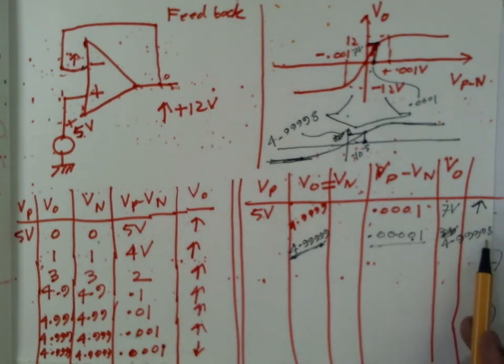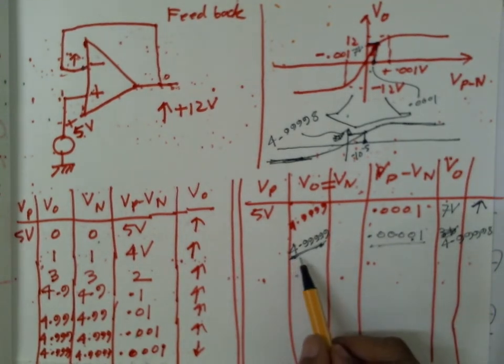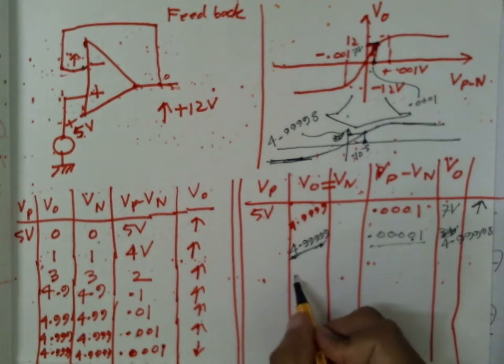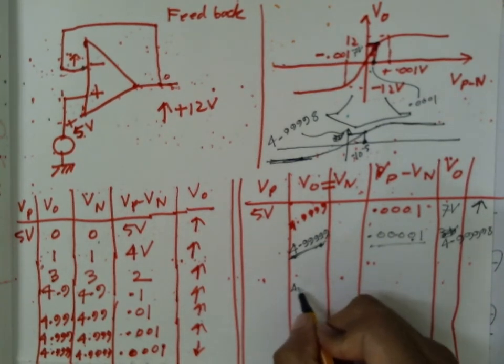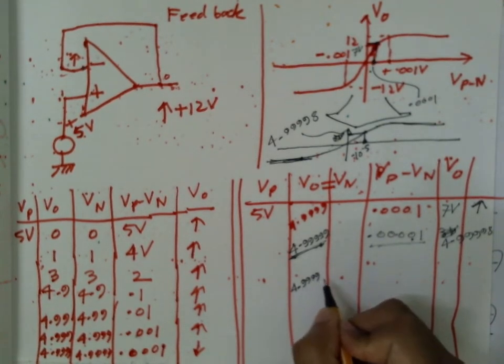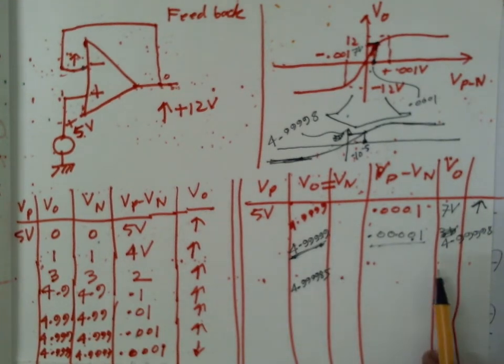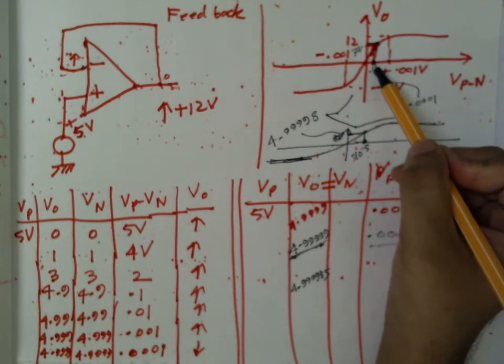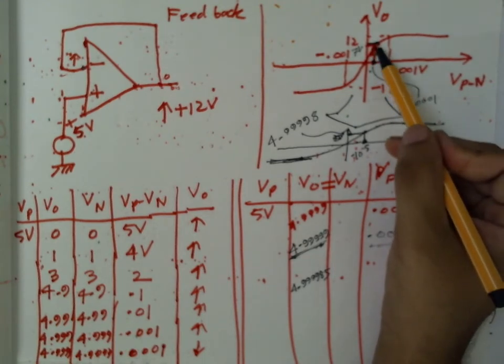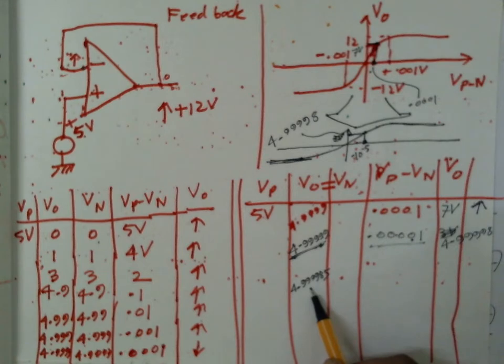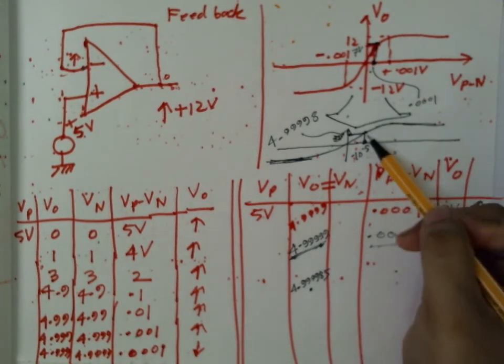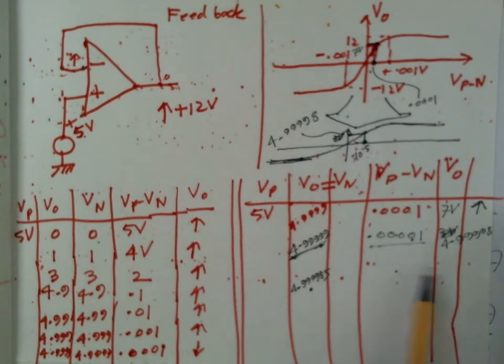So then I have to reduce my guess slightly, and I will maybe try with the next guess as 4.999985, and this way I can keep my search on until I find a point here, so that with that guess of VO, when I compute Vp minus Vn and find the corresponding value here, everything matches. So I have to find the solution this way, right?